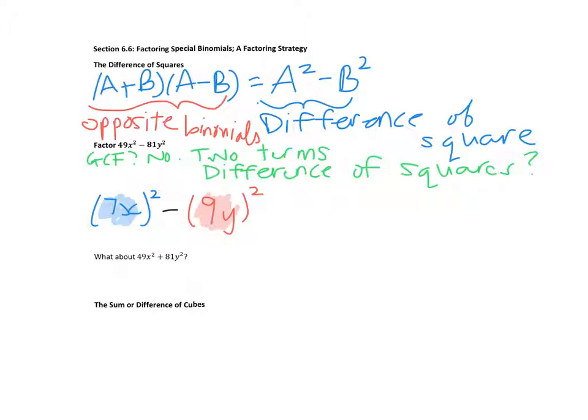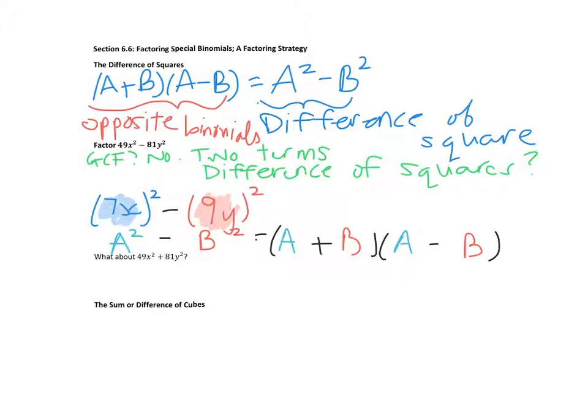So a squared minus b squared, let me write that below. We have a squared minus b squared, and so we know that that's going to be a minus b times a plus b, or a plus b times a minus b, something like that.